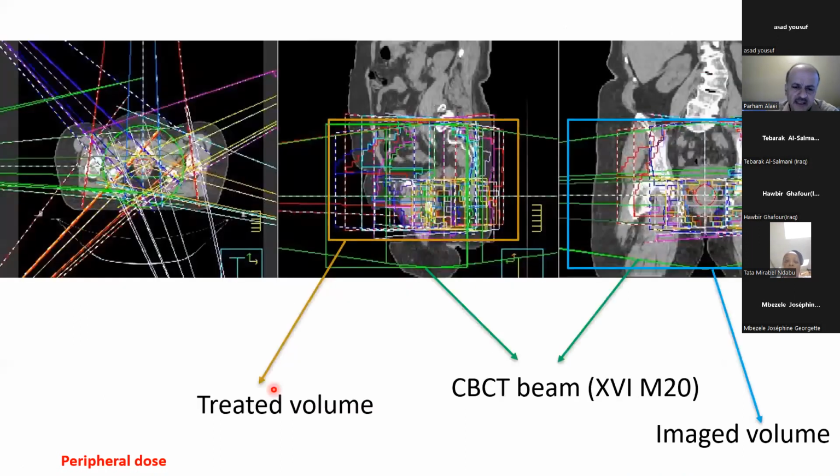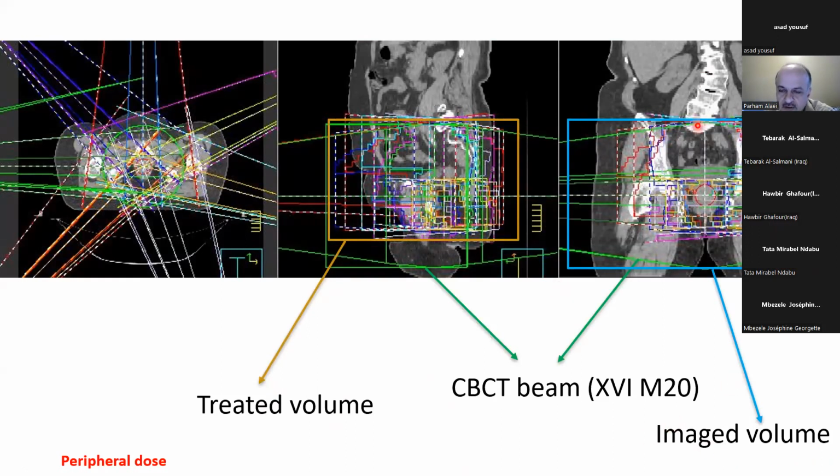And when it comes to the treated volume I mentioned, this is an actual patient plan. On the left is a 7-field IMRT plan. If I put a treated volume on, this mustard color line is effectively where we treated the patient. So this is our treated volume. If we image this patient with an XVI unit, an Elekta unit, again, the image volume is the blue line.